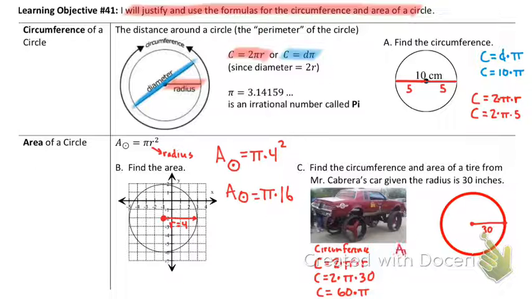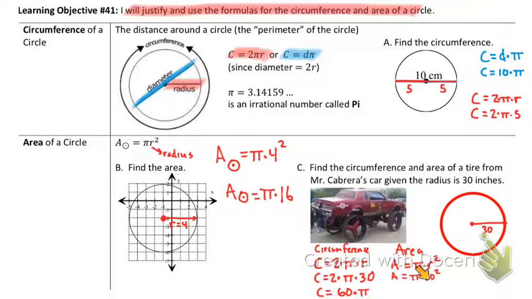Let's find the area of this. And we know that the area formula is pi times r to the second power. So now we again know r, so we're going to plug in 30 for r. So it's pi times 30 to the second power, and we're going to actually do 30 times 30.